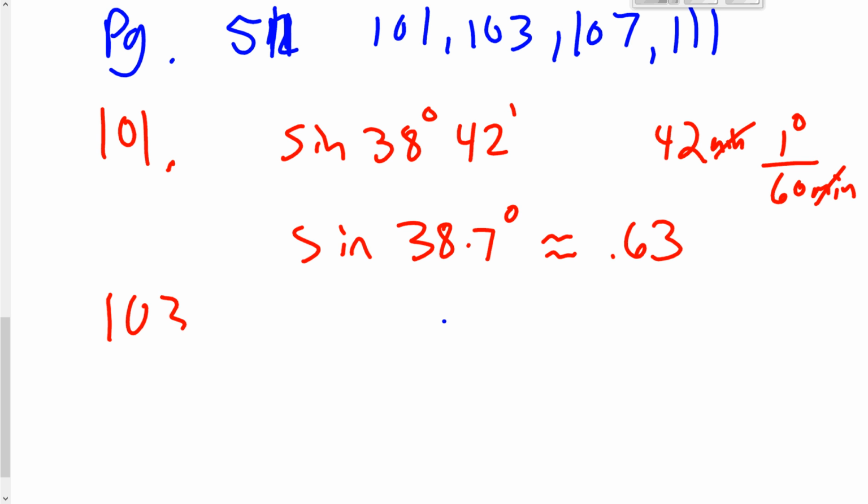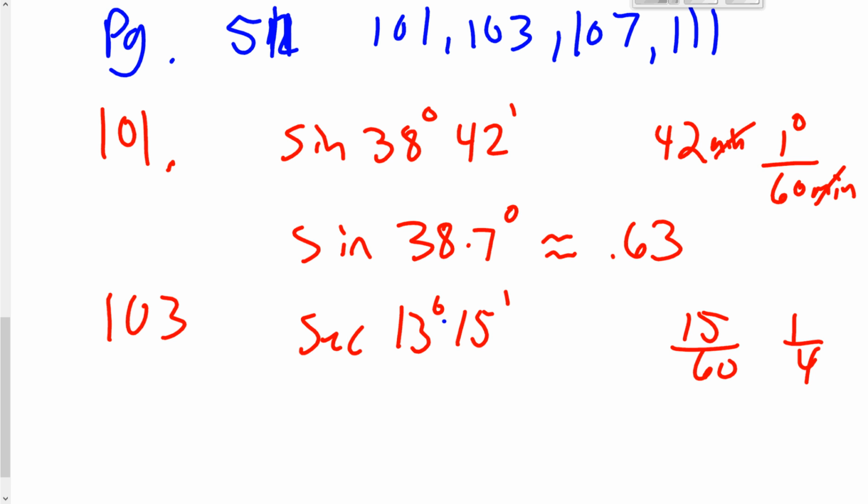Number 103, we're looking at secant of 13 degrees and 15 minutes. Again, take the 15 divided by 60. We could divide both by 15, and we get 1/4, which is 0.25.